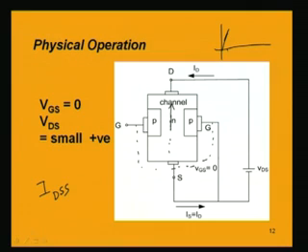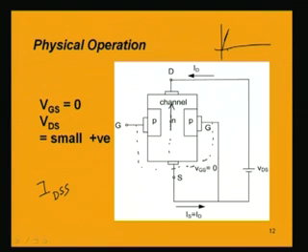IDSS is the maximum current or the saturating or the pinching off current that is flowing in the device when we have gate to source voltage 0.